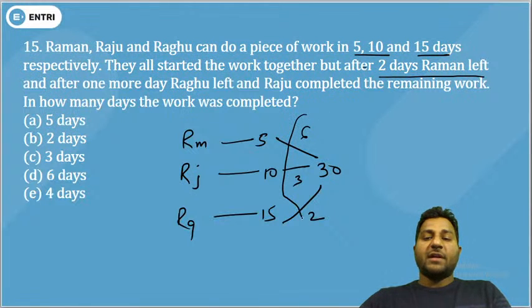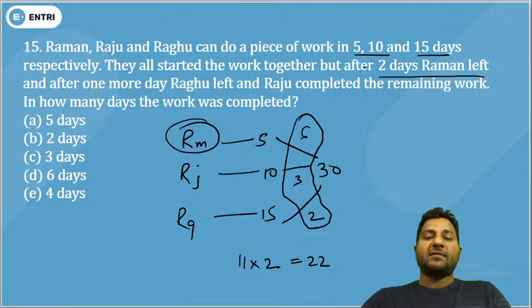If they all started together, that means 6, 3, 2 is 11. In 2 days they have done 22 work. And Raman left. Now after one more day Raghu has left.